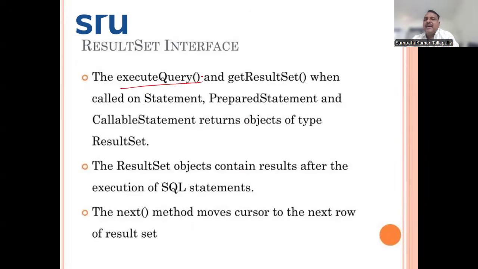Execute query, as I said, a result set is an interface on which we are going to perform an operation called execute query. When I execute a particular query on the engine, it generates some data, and whatever data is generated by the engine has to be held in some object, from which I can extract the data.